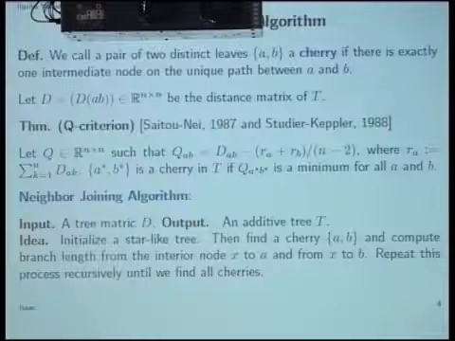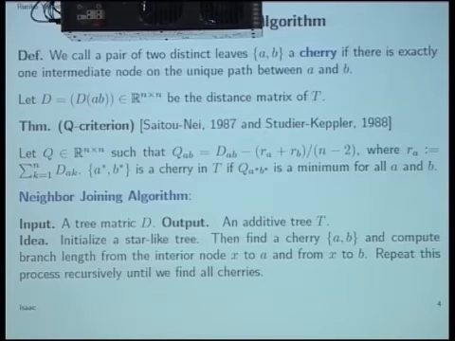All right, so the neighbor joining algorithm. Before that, we call a pair of leaves a cherry if there exists exactly one intermediate node on the unique path between them. And here is the distance matrix of a tree.